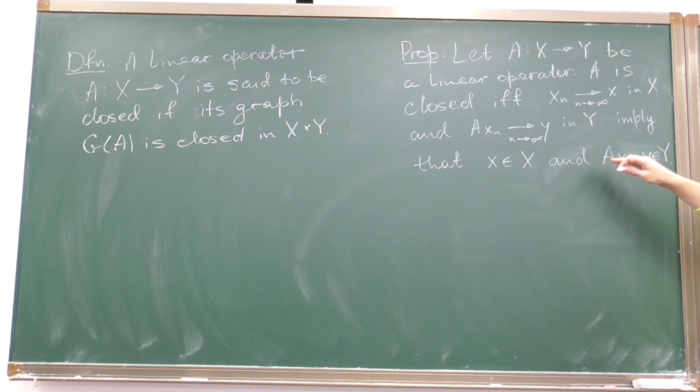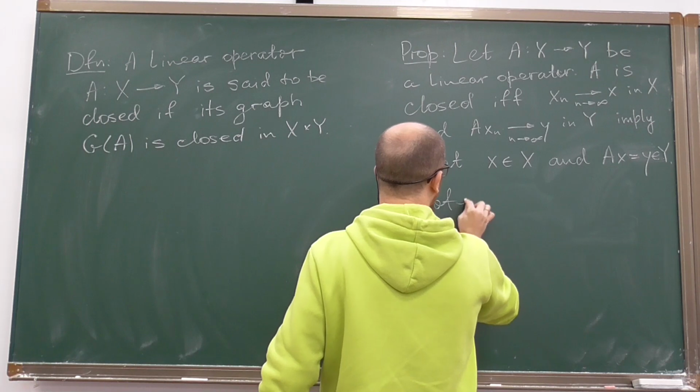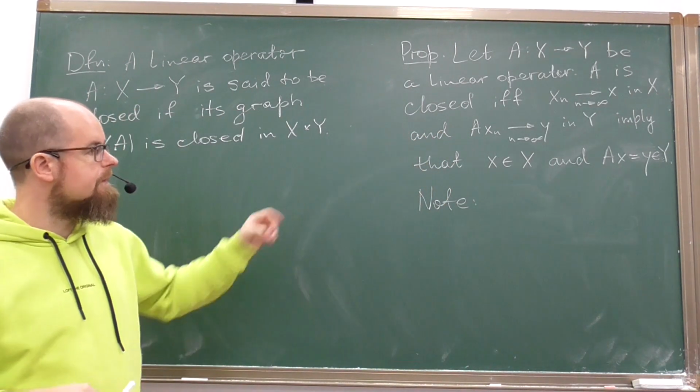But the converse is not necessarily true. But if we are in Banach spaces, then these two notions are equivalent, and this is in fact the closed graph theorem. So let me note over here that any bounded or continuous operator is closed.